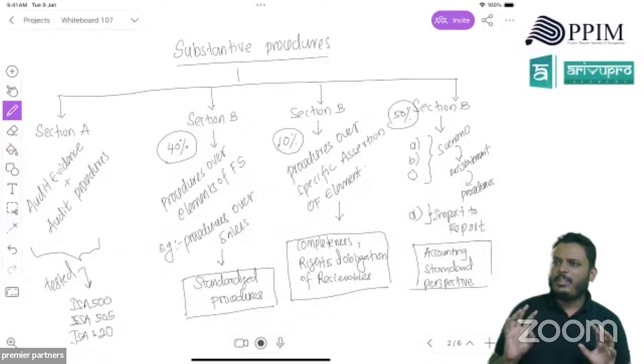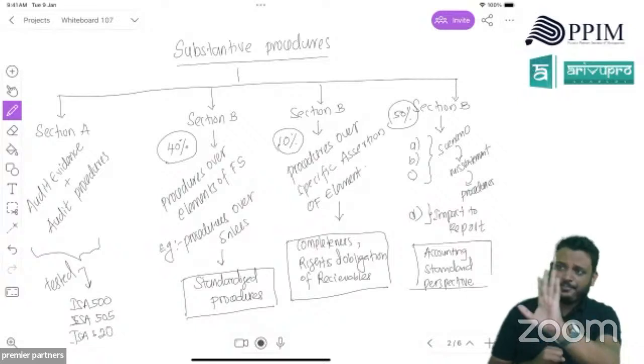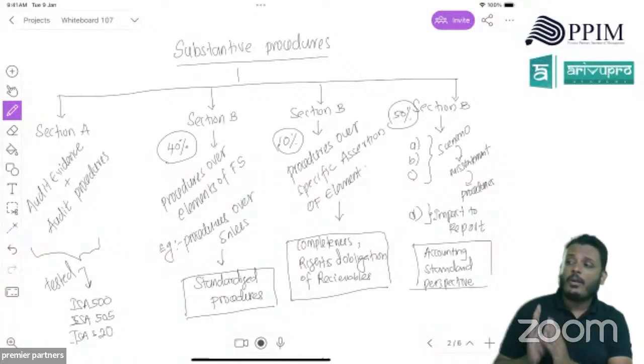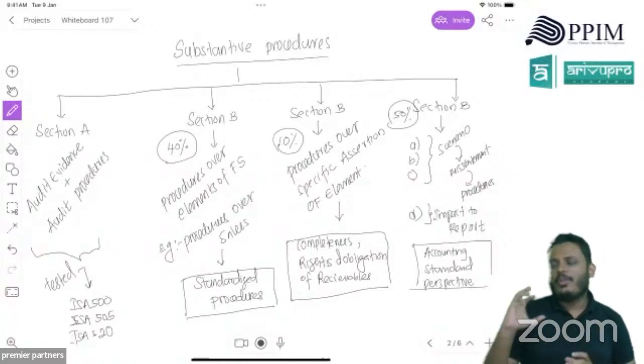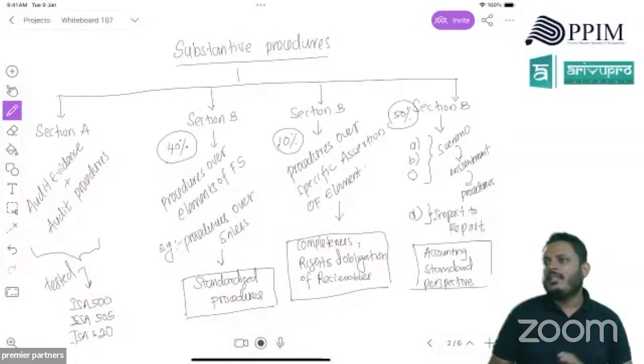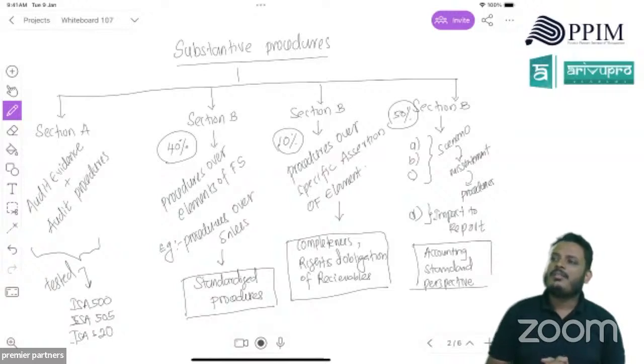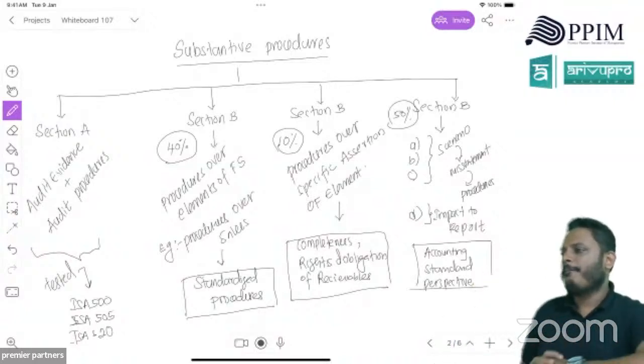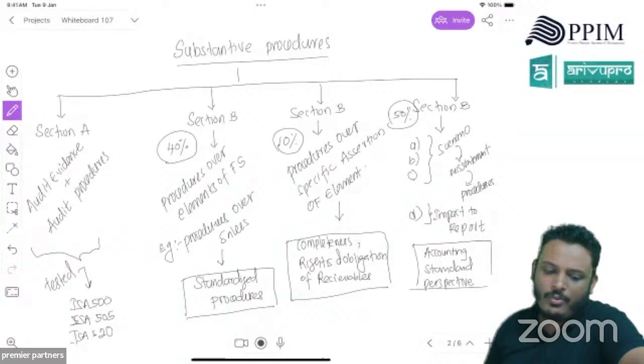If you are really good at procedures, 40% is done, and 10% more you can take, but you should be thorough with accounting standards to do the third type. These are the possibilities that can be tested in substantive procedures, maximum 20 to 30 marks. Way of testing, understood? Is that clear, students?